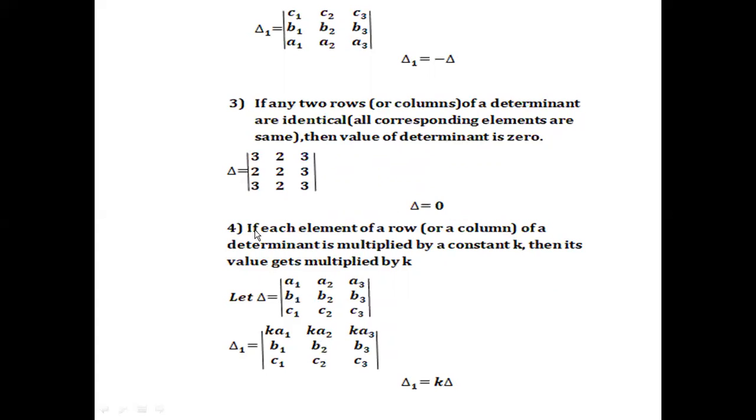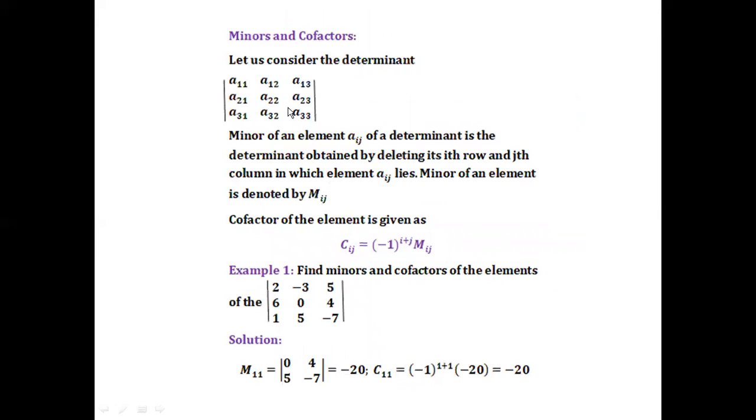Now fourth property: if each element of a row or a column of a determinant is multiplied by a constant k, then its value gets multiplied by k. Let delta equal this 3 by 3 determinant. If we multiply k to the first row, then we observe that the value of this delta 1 is equal to k times delta.